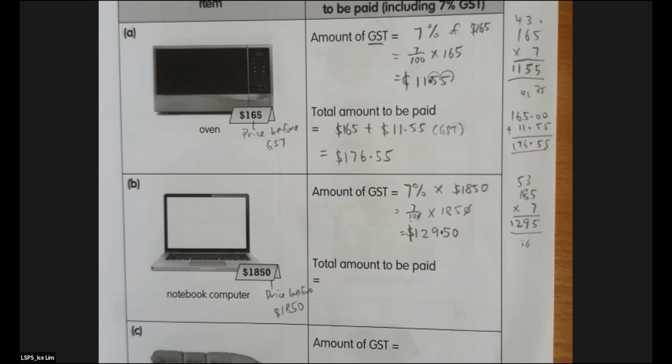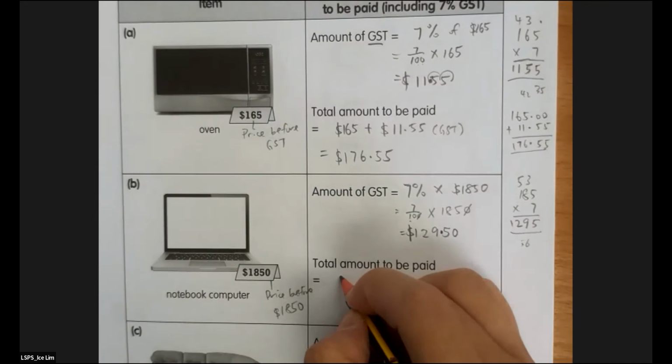So for this notebook computer, I have to pay 7% GST. 7% of $1,850 will mean $129.50. Sorry.